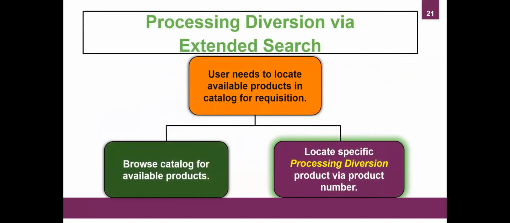When we're utilizing our extended search, we need to have our product number. So basically, instead of opening up the catalog that we did for our direct delivery, where you could literally see all the items that are available, when you get ready to enter your processing requisitions, you need to come with all of your commodity calculators completed.